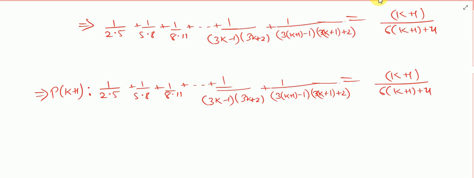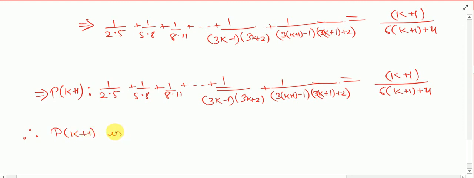Okay, so now you can write therefore pk plus 1 is true whenever pk is true.